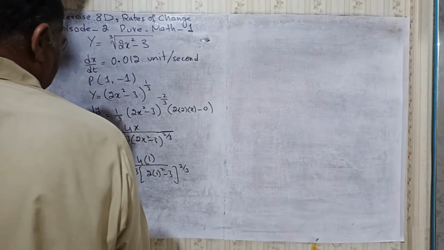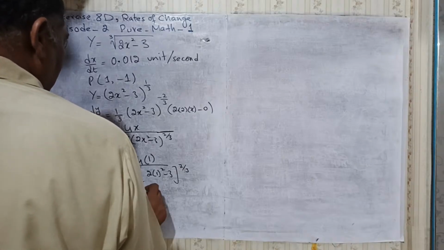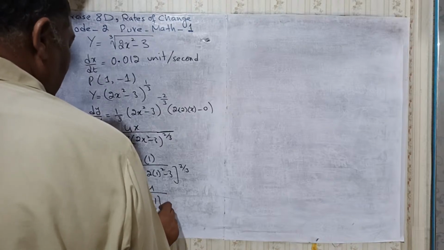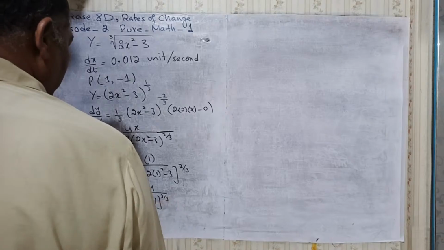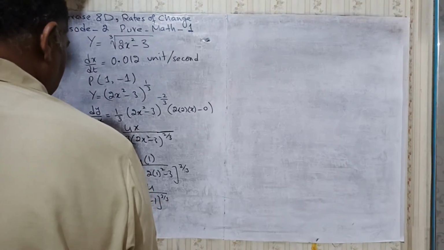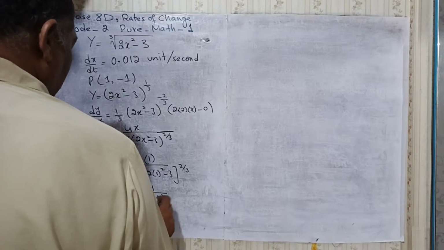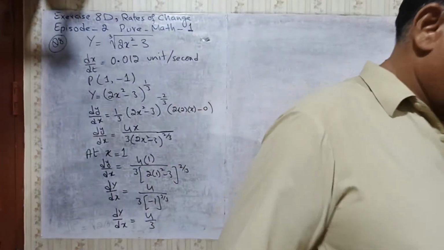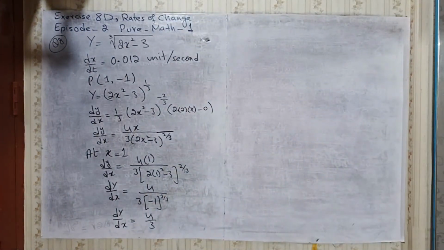So 4 ones are 4, 3 in the bracket 2 minus 3, that's minus 1 raised to power 2 by 3. Because of the power 2 by 3, that minus 1 has become positive 1. Multiply by 3, that's 3.